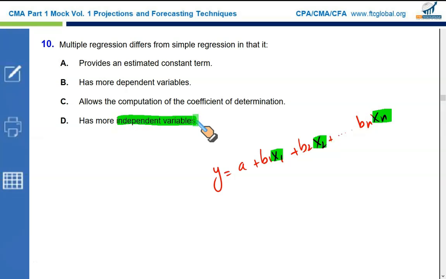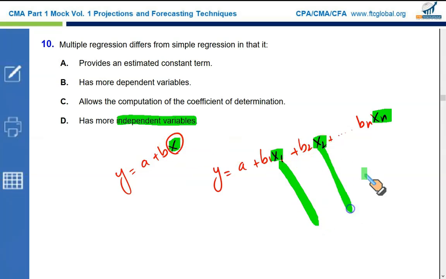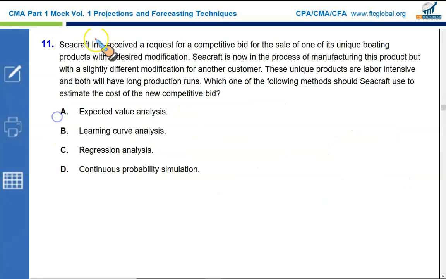So that's the difference. In simple regression, there is just one independent variable, y is equal to a plus bx, this one only. But in multiple regression, you have more than one independent variable, and that's why D is the right option.